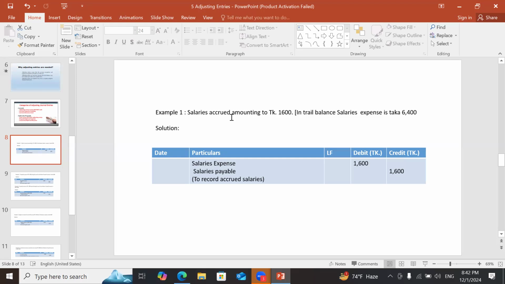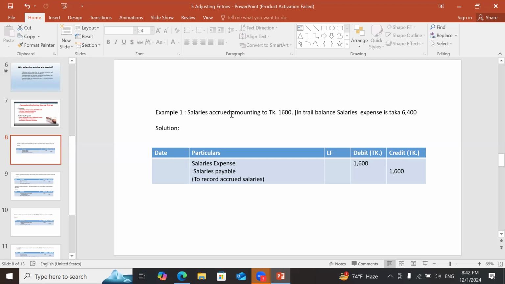So journalize: salary expense debit and salary payable credit, because salary is accrued. The salary has not been paid yet. Salary is still due.